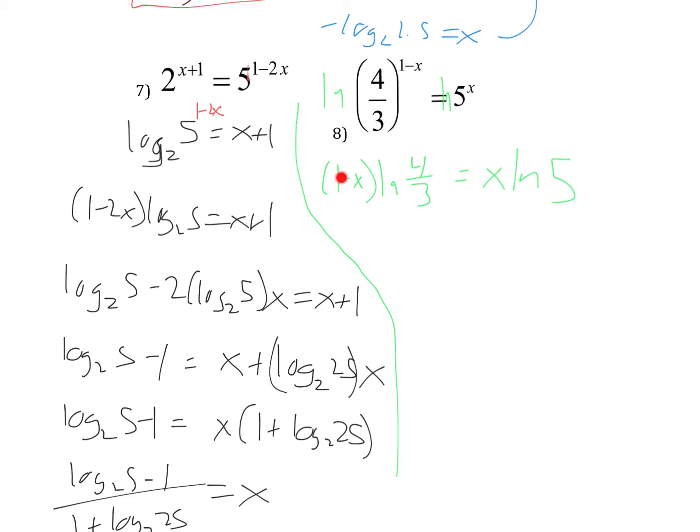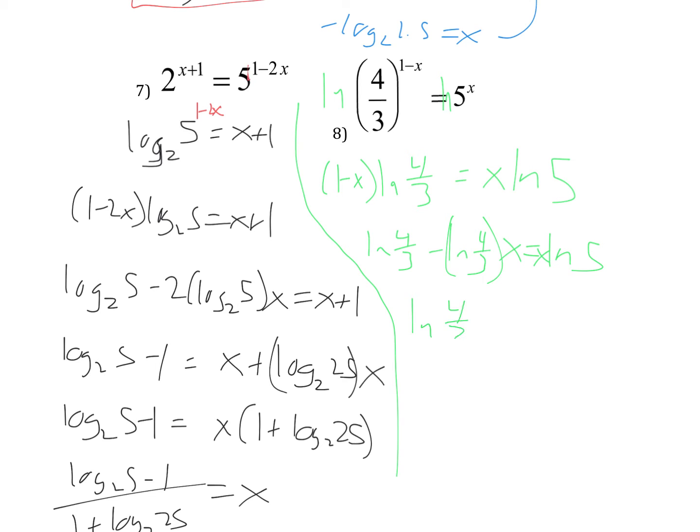I'm going to again have to distribute this out. So I've got ln of 4/3 minus ln of 4/3 x equals x ln 5. Add this to the other side, factor out an x, and divide.